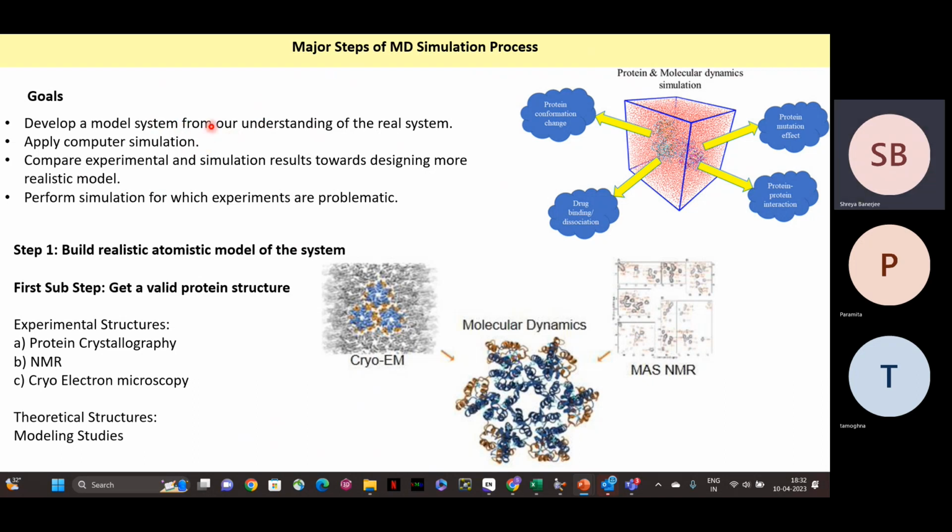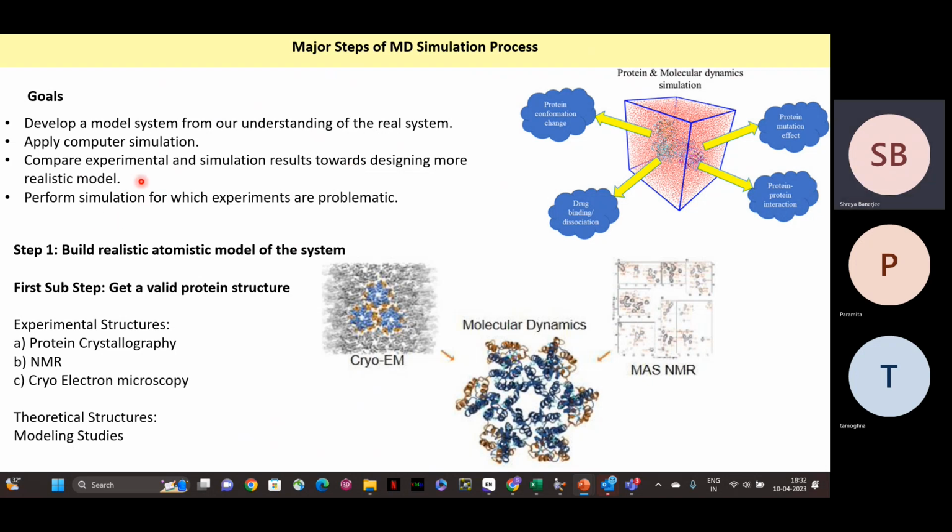Then the computer simulation is done, and the experimental and simulation results are compared. Using this comparison, a better initial model is designed. For example, if the experimental and simulation results vary, that means the initial model of the simulation has to be improved. Like that, the experiment can help in getting a better initial model.